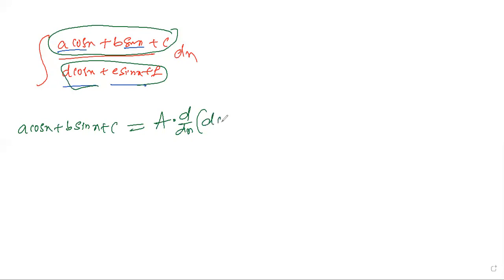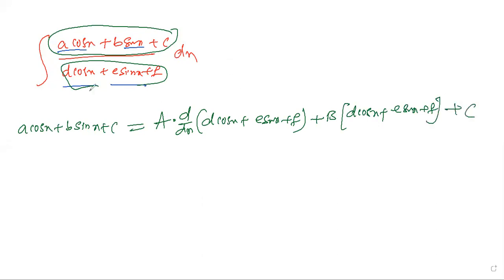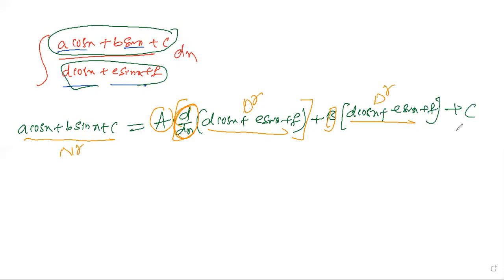What's the denominator term? d cos x plus e sin x plus f. So a into d by dx of this, plus b into, then directly your denominator, no need to do derivation, d cos x plus e sin x plus f, plus c. Once again, reminding you, this is your numerator. The numerator you have to replace with a constant a into d by dx of the denominator, plus b into the denominator, no need to do any derivation, plus c.